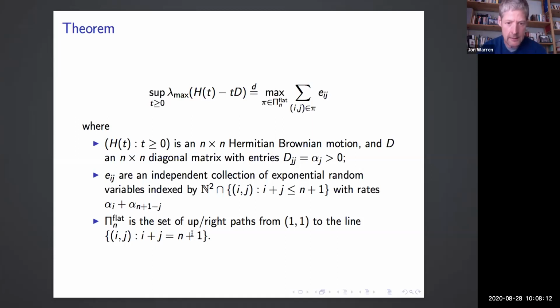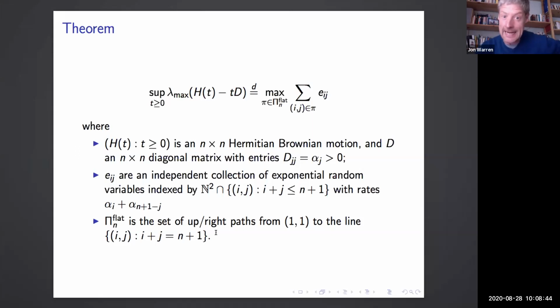And these paths pass through the integer lattice, and along that path, you pick up the exponentials with the appropriate labels that lie on the path. And you sum the exponentials for each path, and then you find the maximizing path. And the key thing here is that although the start of the path is fixed at 1, 1, the right-hand endpoint of the path can lie anywhere on this line here of coordinates who sum to n plus 1.